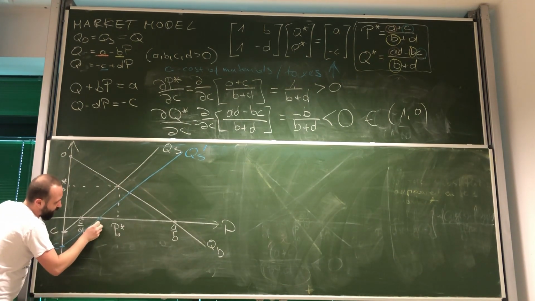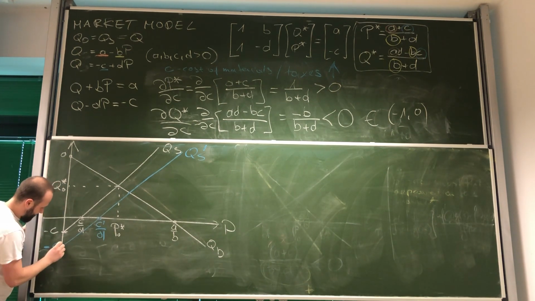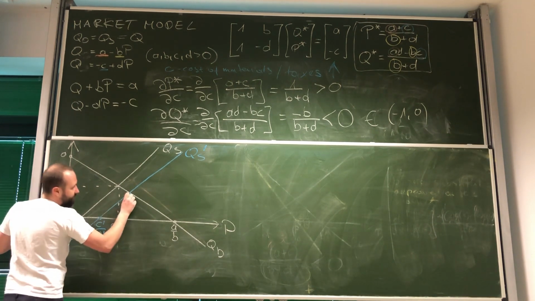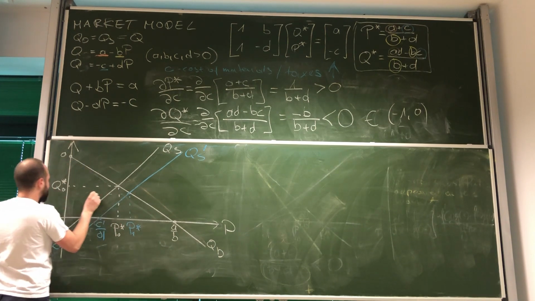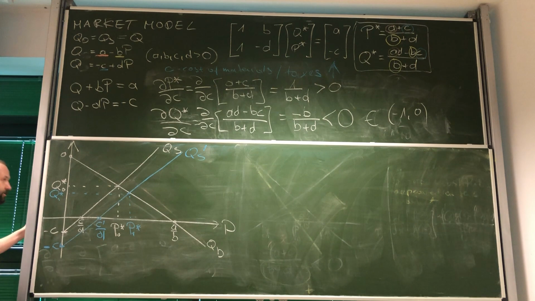Here we've got a new point, C prime over D. Let's call it C prime. And what do we see over here? Price has increased and quantity has decreased, just as predicted by comparative static derivatives.